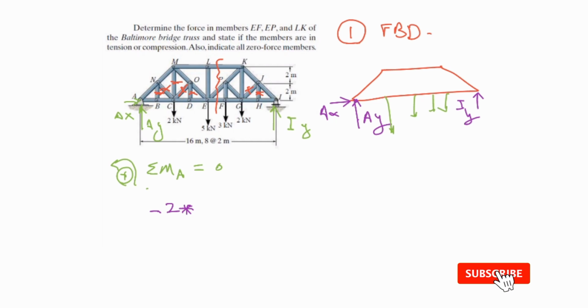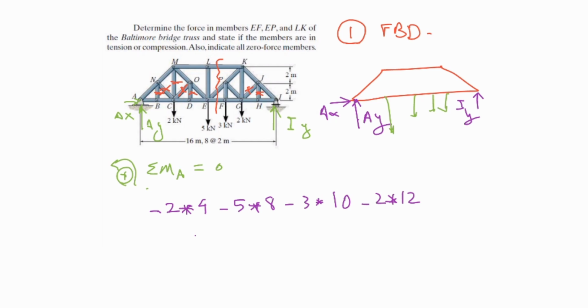As it said here, we have 8 members over here, and each one of them is 2 meters, meaning that this is 2, the other one is 2, then this should be 4, and I have minus 5 times 8, and minus 3 times 10. I have minus 2 times 12, plus I in the direction of Y times 16 equal to 0.